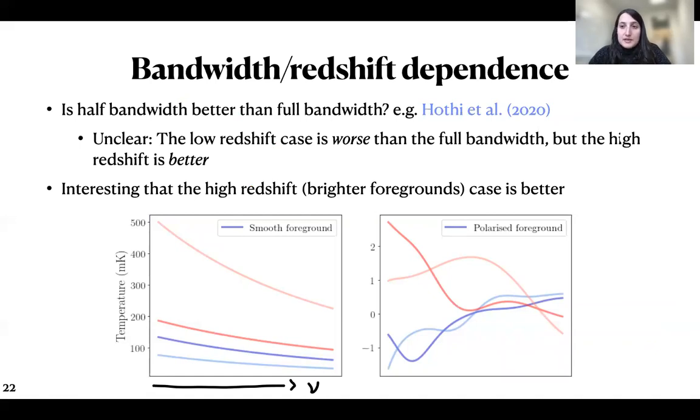And this is interesting because in the higher redshift, the foregrounds are actually brighter. So this could be because it's easy to differentiate the cosmological signal from the foregrounds when they're more different, when the foregrounds are brighter. But it's definitely something to look into in the future to try and figure out how to optimize the performance of GPR for future surveys.